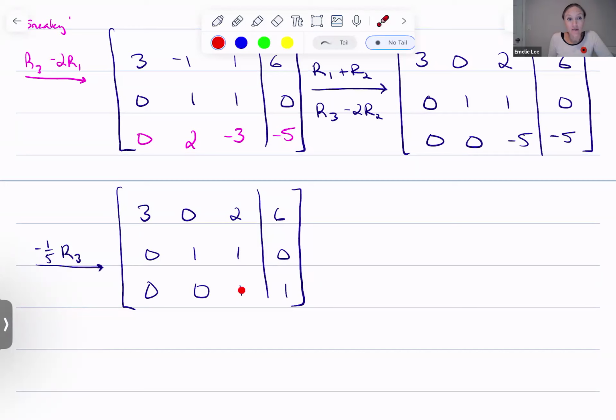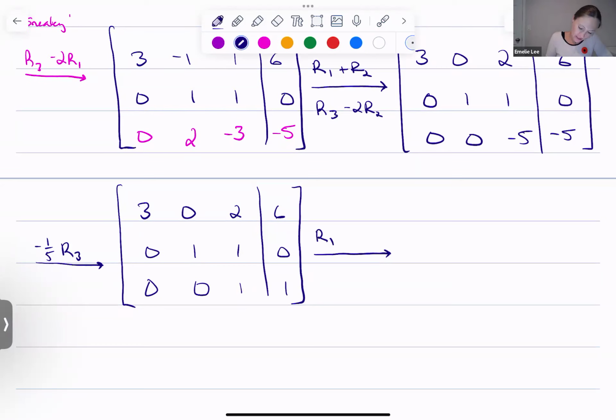Now I'm going to pivot around this 1 and turn this into 0 and this into 0. Row 1, 2 minus 2 times row 3. And while we're at it, row 2 is going to be R2 minus row 3.